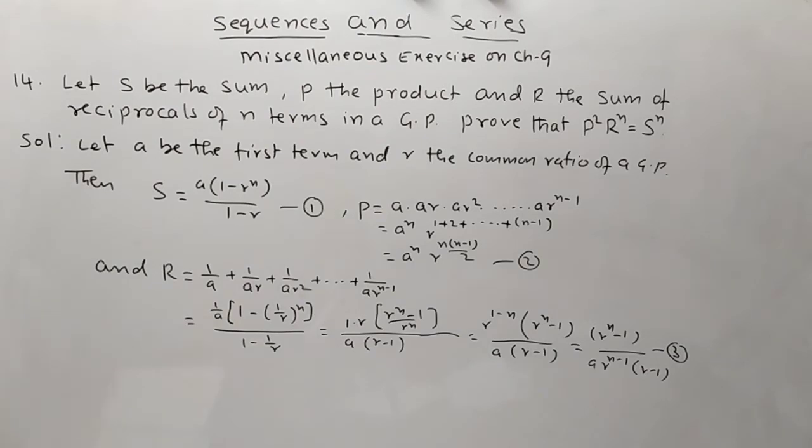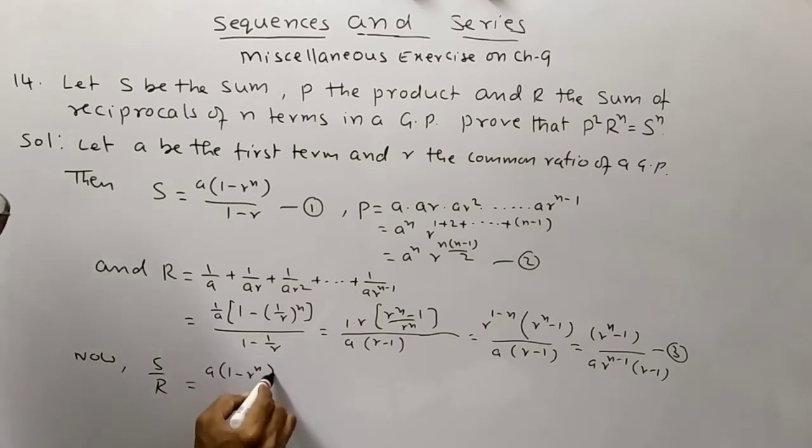Now S by R is equal to A into 1 minus R raised to the power n divided by 1 minus R, divided by, we can convert into multiplication.